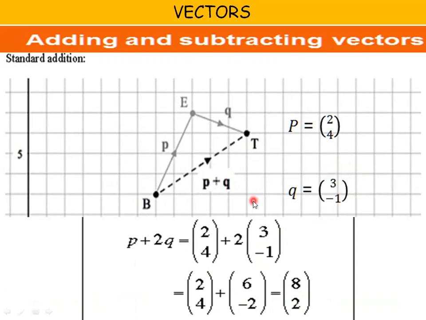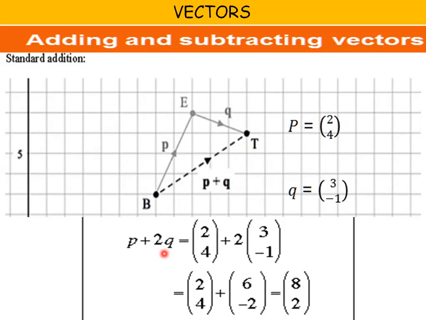We can also have other additions that involve the scalar multiplication of vectors, as we have earlier talked about scalar multiplication in our earlier lessons. So for example, we are finding the vector p plus 2q. We first have to make sure that this 2 multiplies every part of the vector q. What I mean is that it multiplies both the x and the y components of vector q.